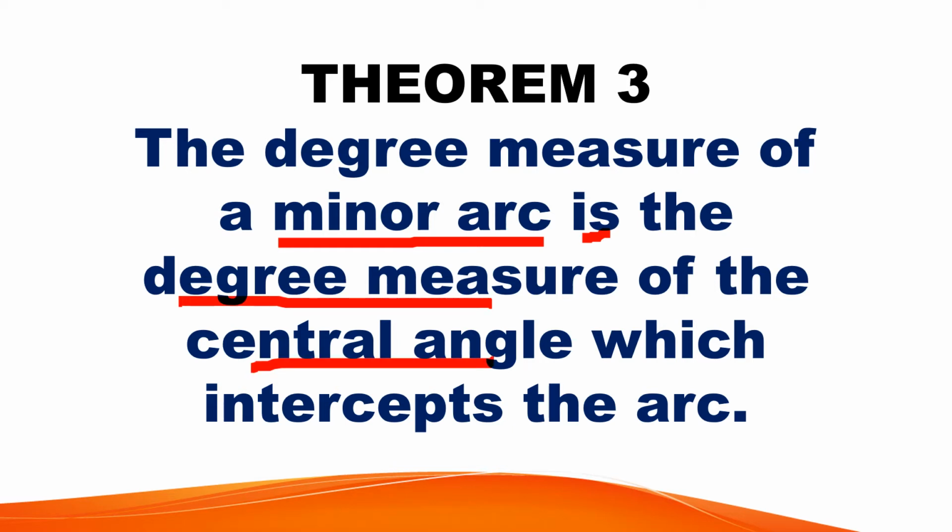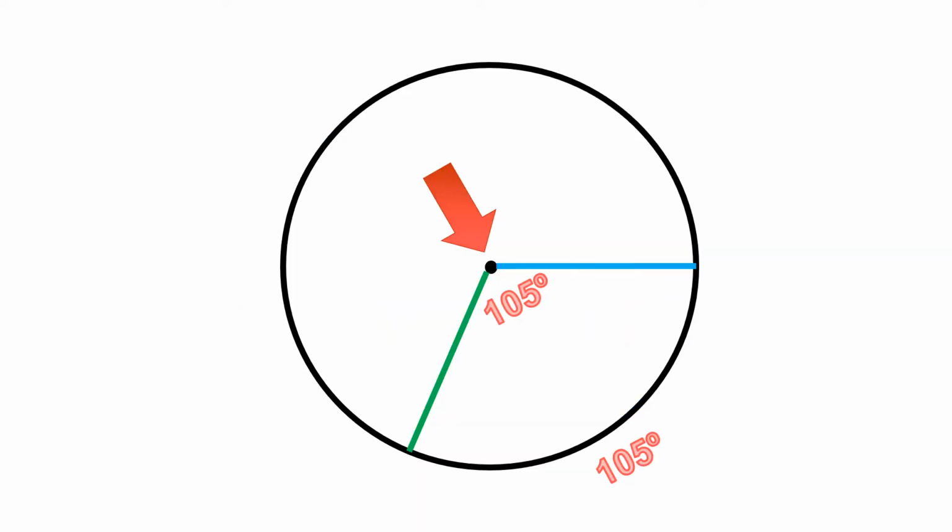So, yung ating minor arc has the same measure as the central angle. Or sa mas madaling salita, yung central angle mo is equal to your minor arc. Tatandaan nyo lang palagi, central angle is equal to its intercepted arc.